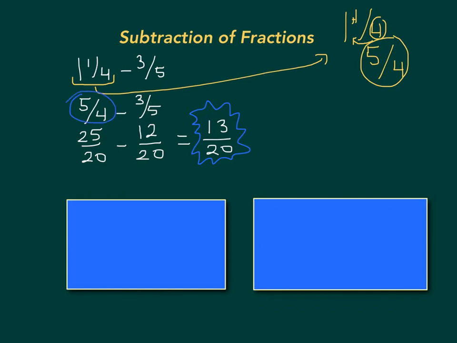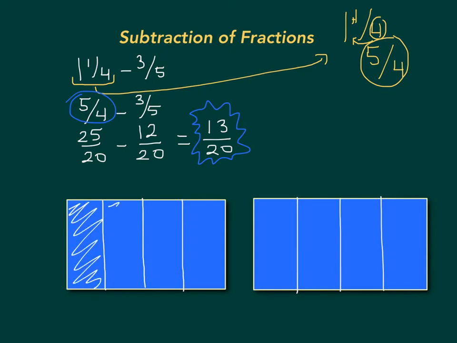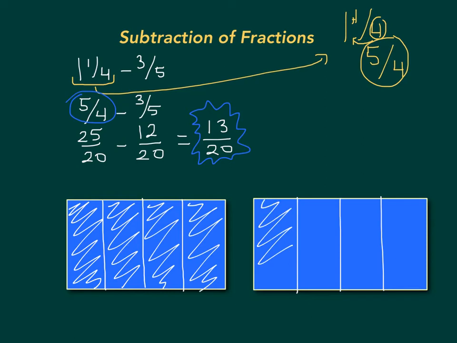So let's do that. Let's use our white here, and we'll split this one into quarters too. And if we shade in 5 quarters, we're left with 1 quarter, 2 quarters, 3 quarters, 4 quarters, and 5 quarters.